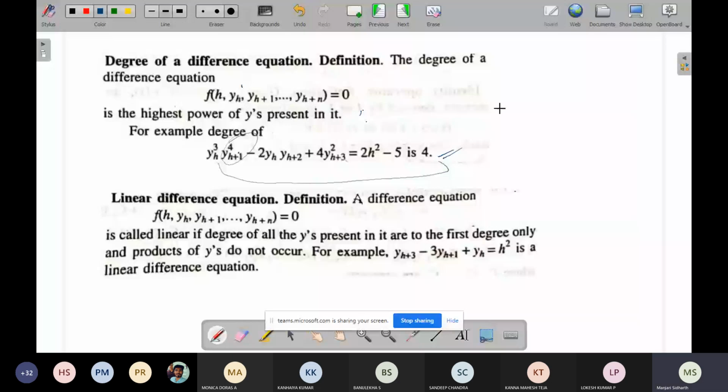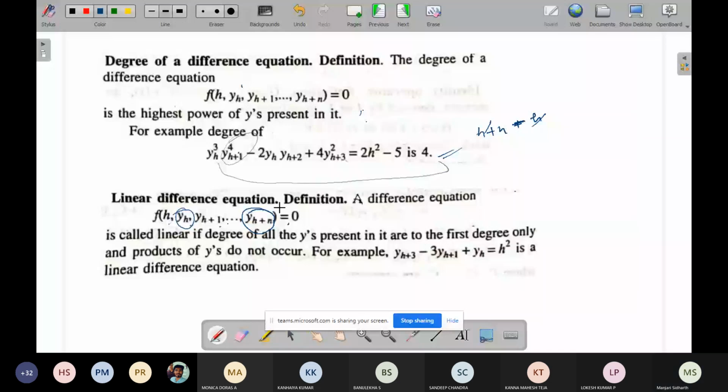Now the linear difference equation. A difference equation is a function of h, y h, y(h plus 1), and so on. Any function which includes y h, y(h plus 1), up to y(h plus n). The largest argument is h plus n and the smallest is h, so the difference is n. That means we are talking about an nth order difference equation.